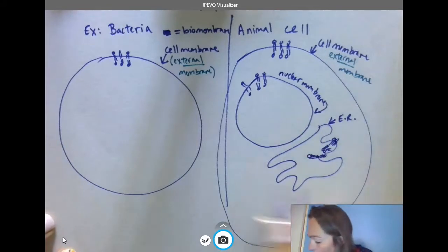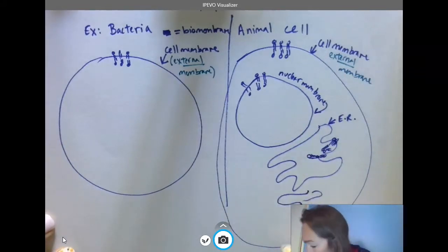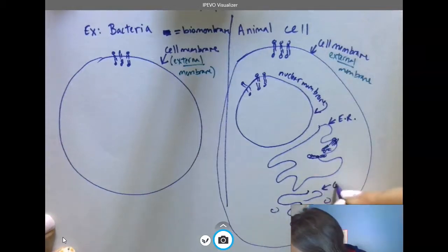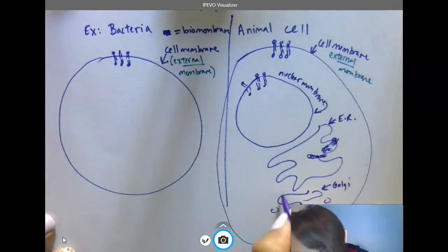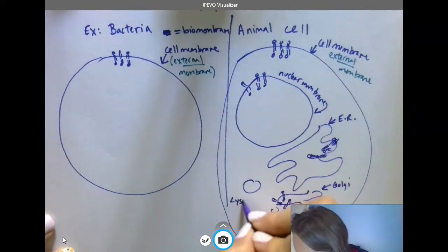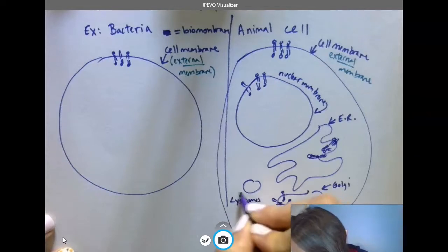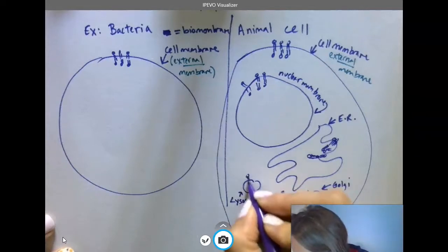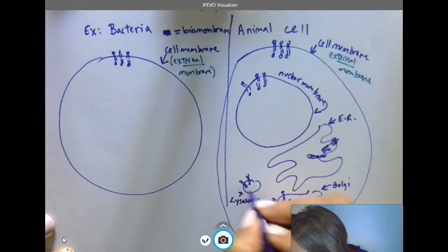You have the Golgi, which is also made up of a phospholipid bilayer with embedded proteins. You have lysosomes, which is also made of a phospholipid bilayer with embedded proteins.